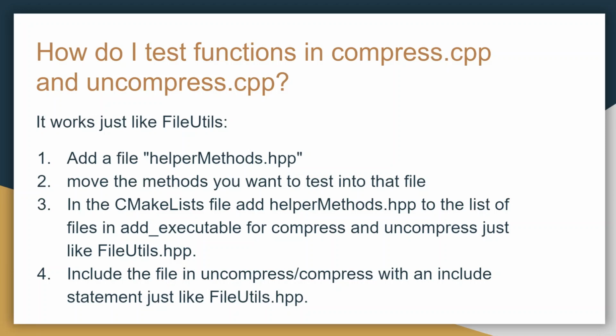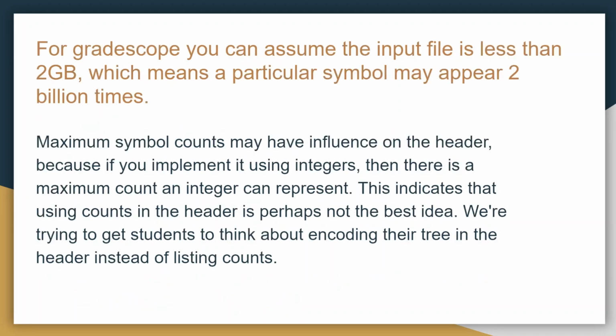So please use helper methods. Helper methods are amazing. I love them. Also, just in general, depending on how you're creating the tree in your header, recursion is going to be a big deal, and you might have to do multiple recursive things. So having helper methods do each of those will just make it a lot easier to test and make sure you're building the tree correctly.